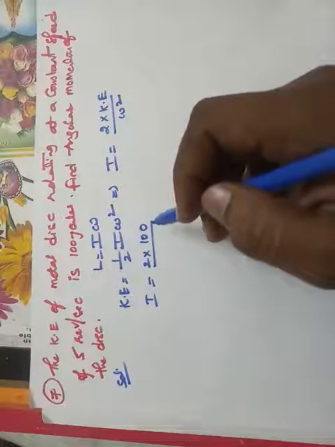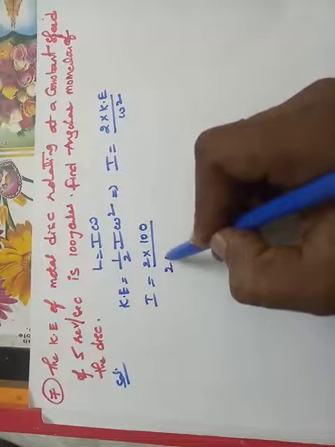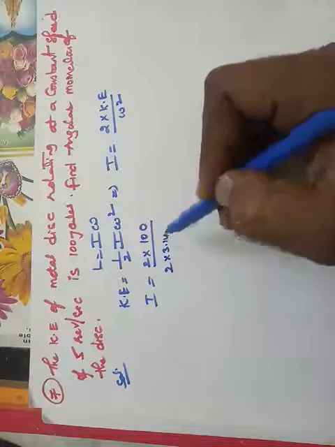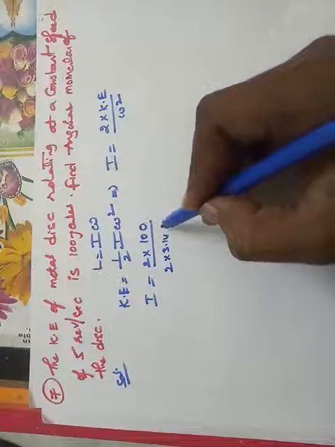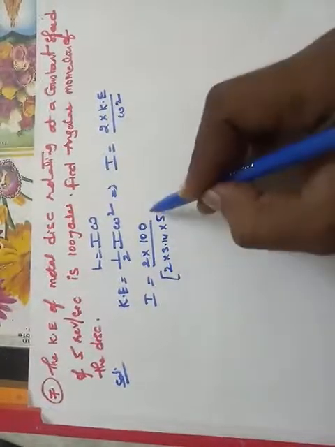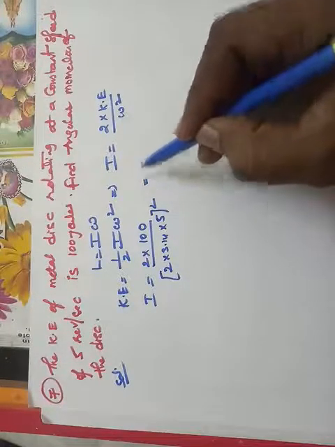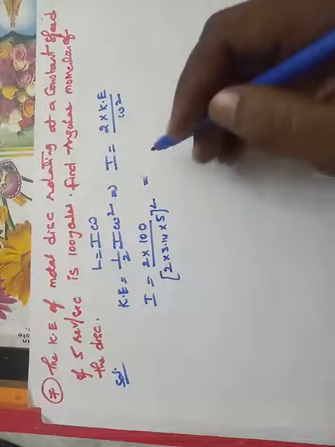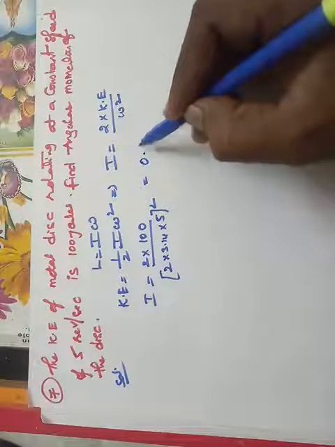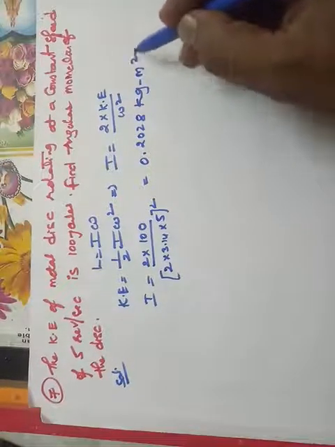Omega can be written as 2 pi f, that is 2 into 3.14 into 5 revolutions per second, whole square. So finally we'll get 0.2028 kg meter square. This is the I value.